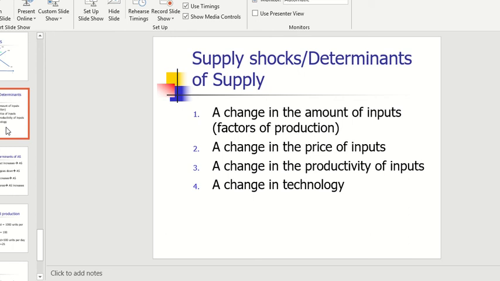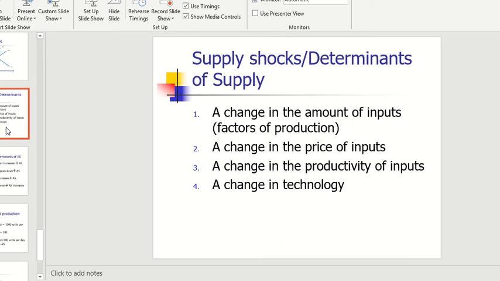Today we take it for granted, but at that time, that was a very novel concept, specialization. So a change in technology, or rather an improvement in technology, is likely to improve productivity or lower the cost of production, or both.